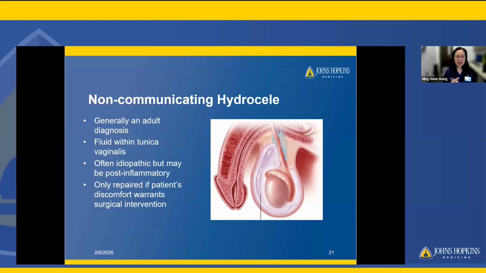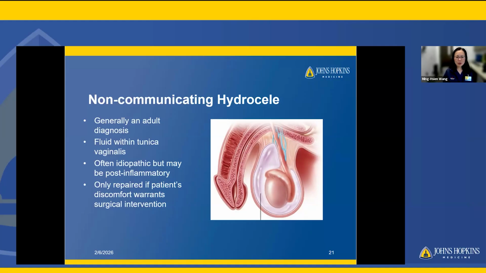There are multiple layers, and those layers make some fluid so the testicle can move easily and not get stuck. The body is smart and knows to reabsorb the extra fluid, but sometimes that balance is not quite there. So then the water balloon gets bigger and bigger and bigger.